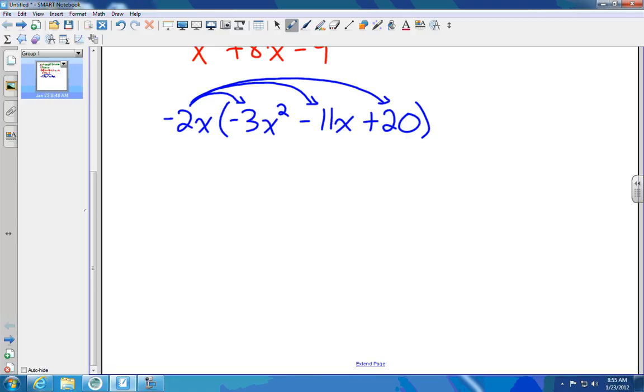And so you're going to multiply these two terms. Back in section 1, this was the whole problem. Just add these two side by side. Now you're moving on, adding things to it. So -2 times -3 is 6, and then you're multiplying with the same base, you add the exponents there, x to the third.